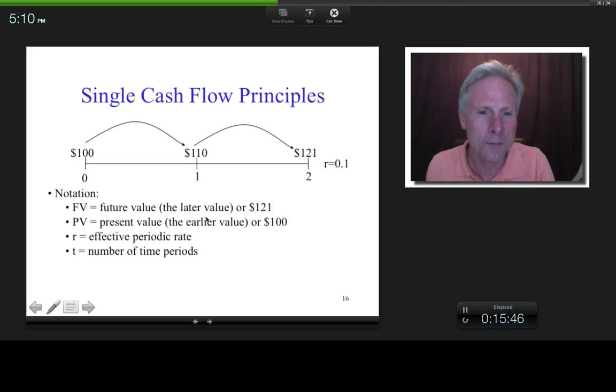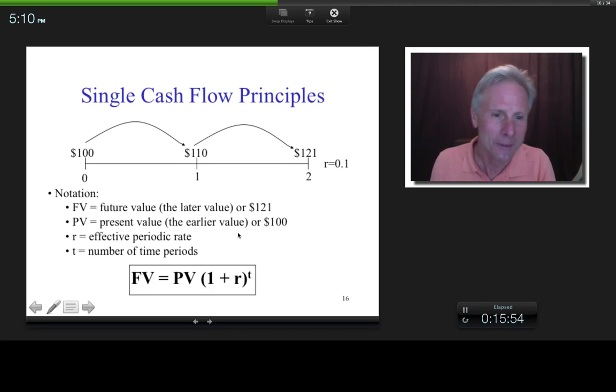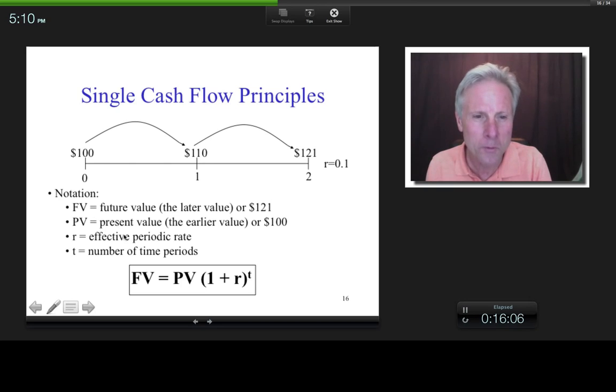So if we put it all together, the only single cash flow formula that exists is: the future value equals present value times 1 plus r to the t. Where the 121 is the future or later value, the 100 is the present value or earlier value. We better be working with effective rates, and of course, in this case, we brought the $100 forward 2 time periods, which is what the t represents.